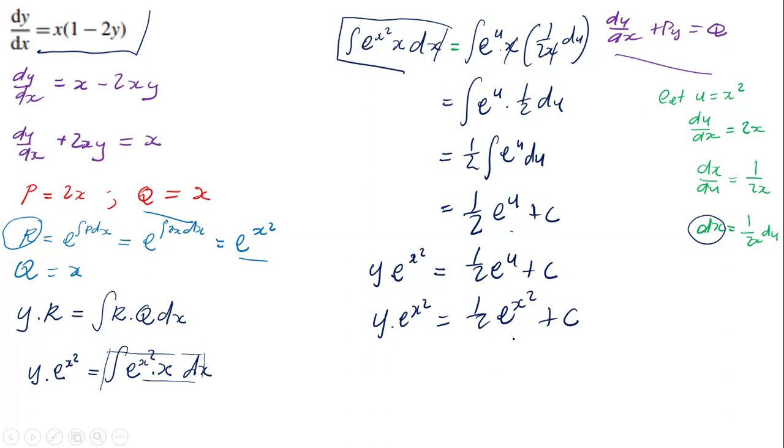Actually, this will be our final answer, but again, it depends on the statement, okay? If the question says, determine the general solution of this differential equation and leave your answer in explicit form, or it can be in implicit form. When the answer is in implicit form, that means this is where we are going to leave our answer.